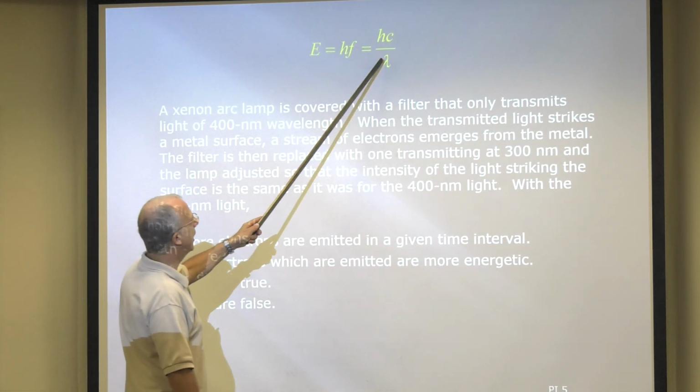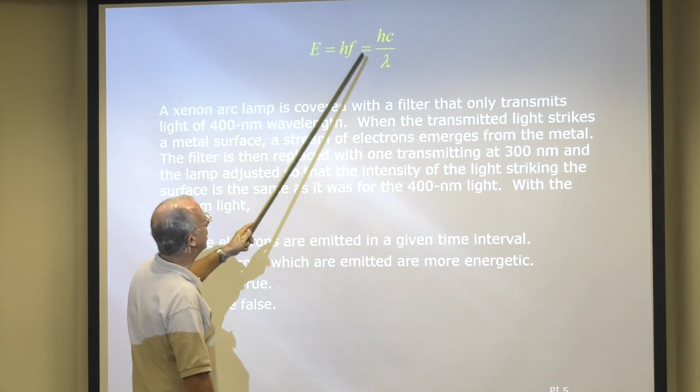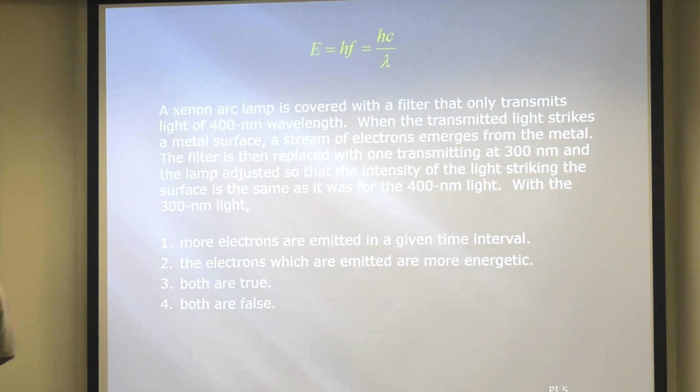If the wavelength is getting smaller, what happens to the energy? It's going to get larger, right? Or here's another way to think about it: c equals f lambda. If lambda gets smaller, f gets larger. Well, okay, I think I just gave the answer away.